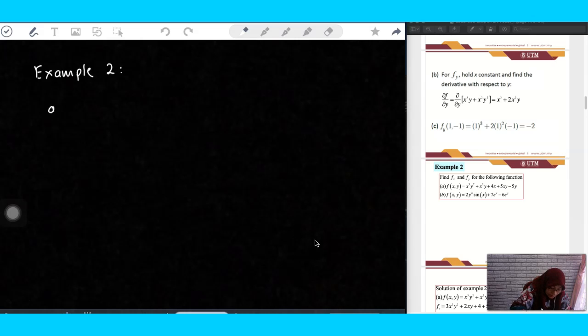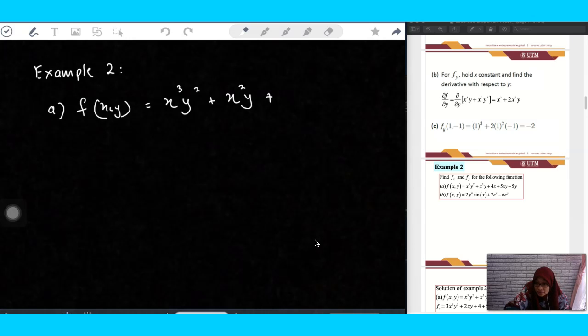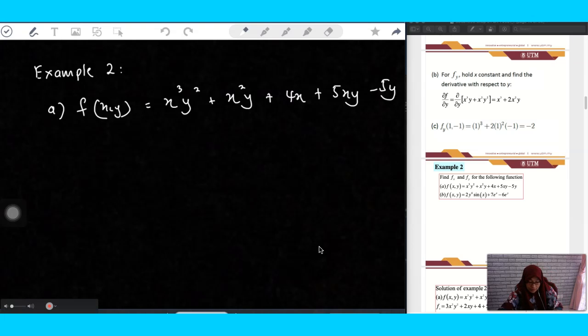So A, we have f again as the function of x and y: x cubed y squared plus x squared y plus 4x plus 5xy minus 5y. So we have to find both fx and fy.